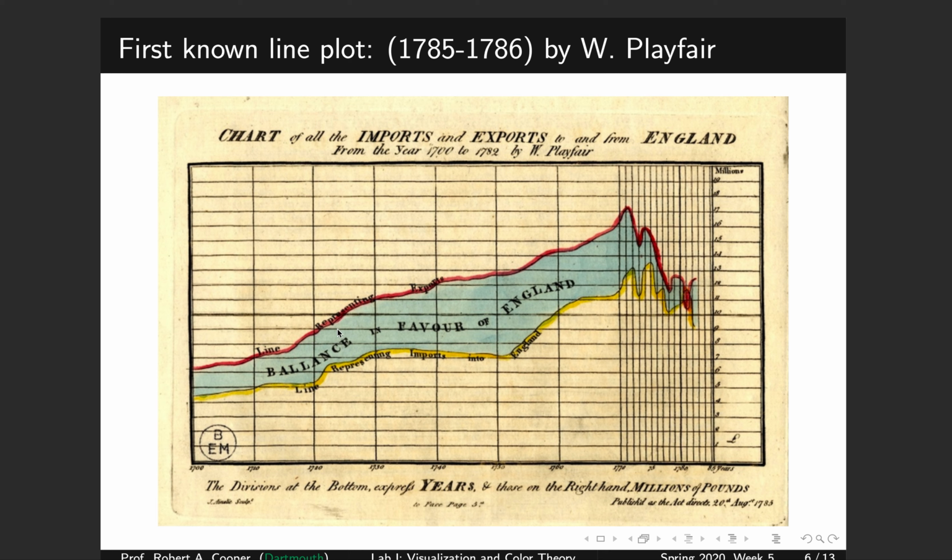Some color is involved, which is nice. These extra grid lines that change right here emphasize the change in variation from the period of 1700 to 1770, and then 1774 is actually kind of interesting. You're going to have a chance to recreate this for some bonus points.